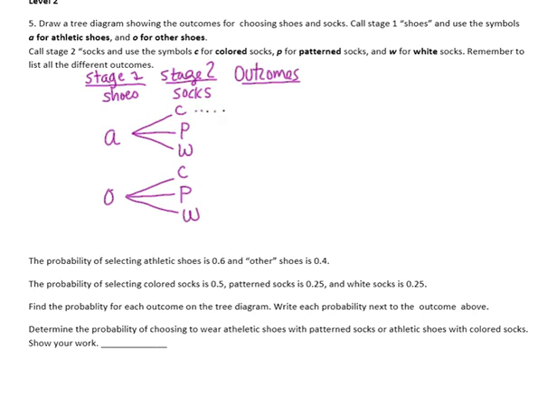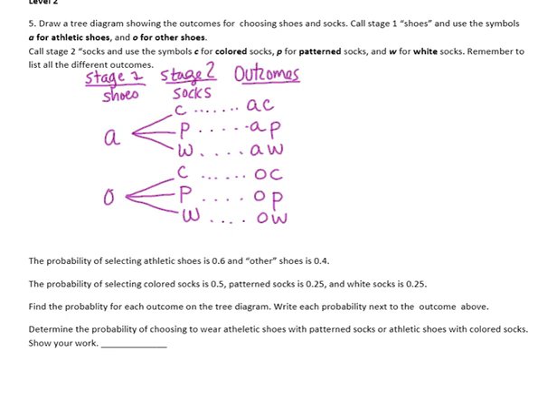So our outcomes are athletic with colored socks, athletic with patterned socks, athletic with white socks. And those are all of the outcomes if you're wearing athletic shoes. The outcomes if you're wearing other shoes are other shoes and colored socks, other shoes with patterned socks, other shoes with white socks.